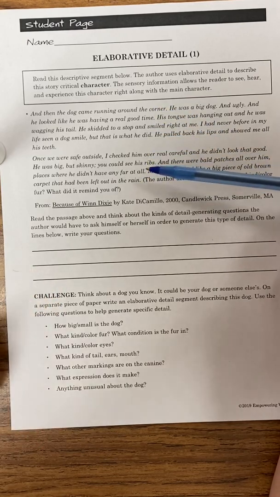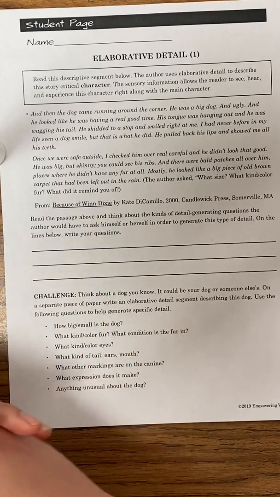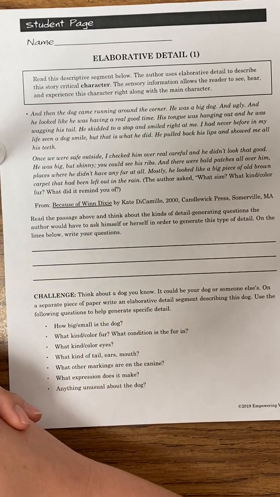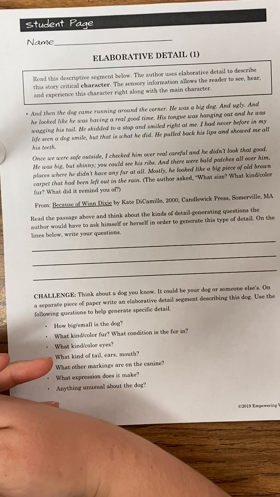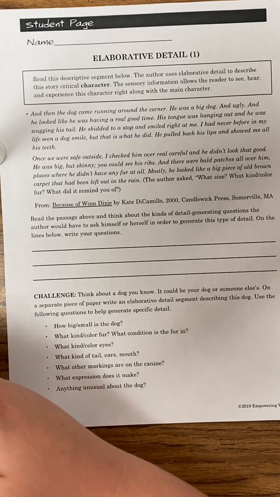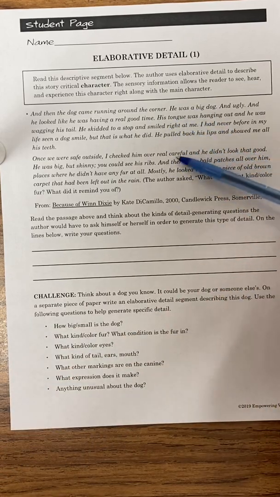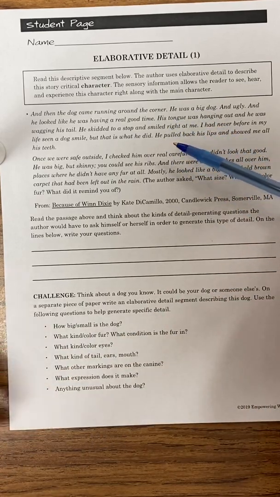It's a passage from the book Because of Winn-Dixie. Have any of you ever read this book before? Some of you might and some of you might not have. So it is really important to pay attention to the types of elaborative detail used to describe the situation. Here we go.